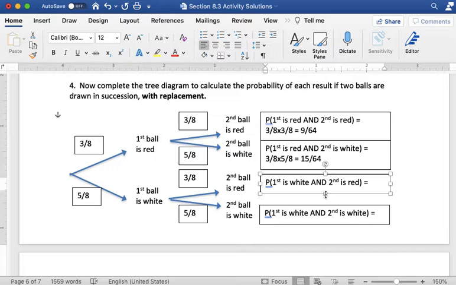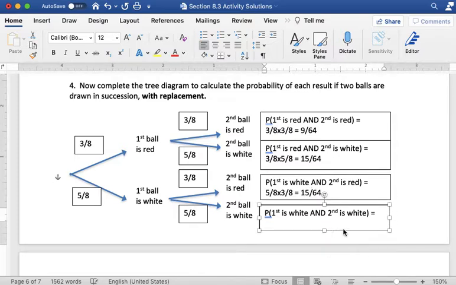The probability that the first is white and the second is red is 5/8 times 3/8, also 15/64. And finally, the probability of white and white for both, is 5/8 times 5/8, which is 25/64.